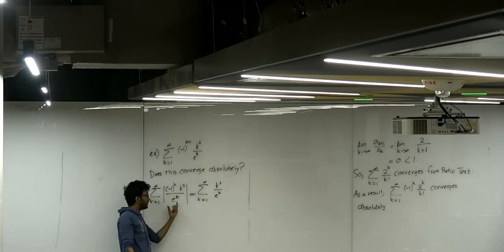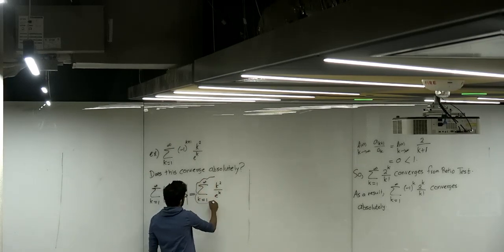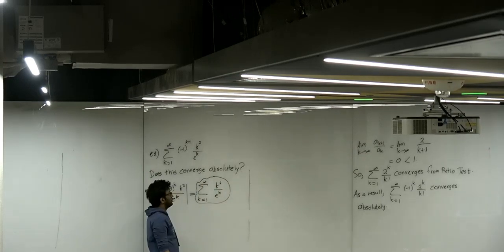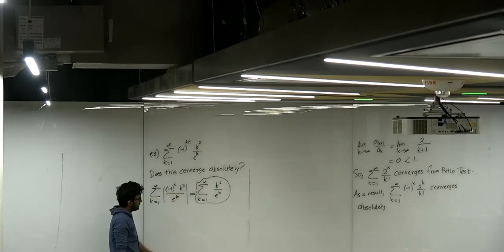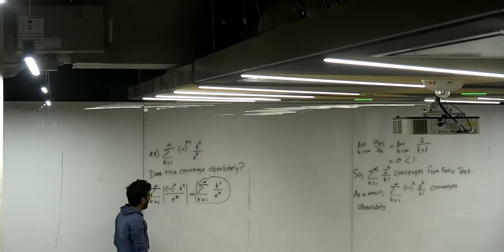Because its absolute value is 1. Okay. Now, again, this is a kind of series that we discussed. All the terms are positive in this series, then we have to determine the convergence or divergence of this series. So let's apply the ratio test.